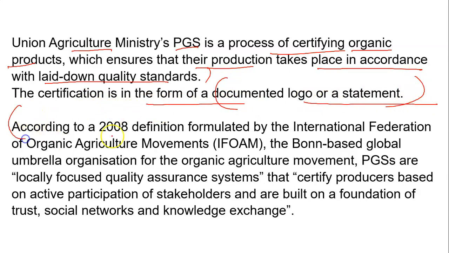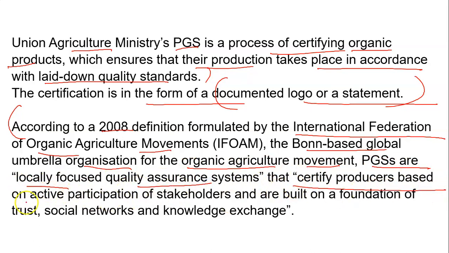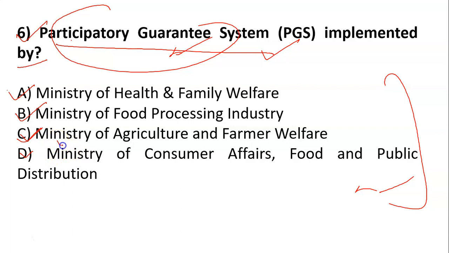According to the 2008 definition formulated by the International Federation of Organic Agriculture Movements, the Bonn-based global umbrella organization for the organic agriculture movement, PGS are locally focused quality assurance systems that certify producers based on active participation of stakeholders and are built on a foundation of trust, social networks and knowledge exchange. Right. So answer is C.